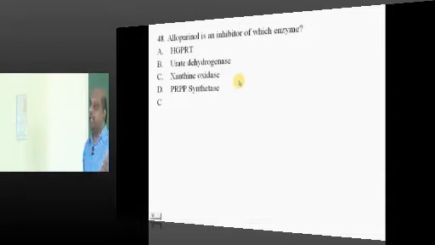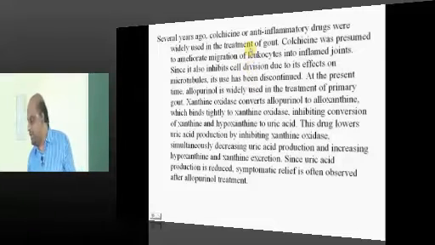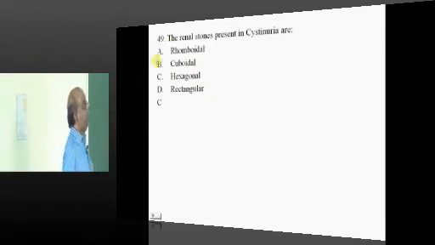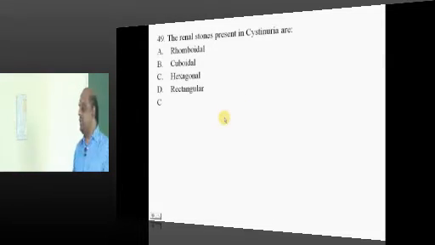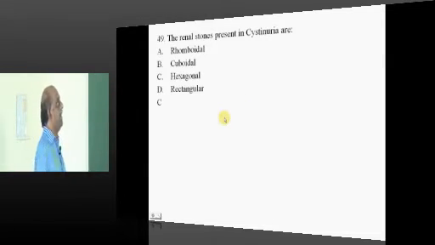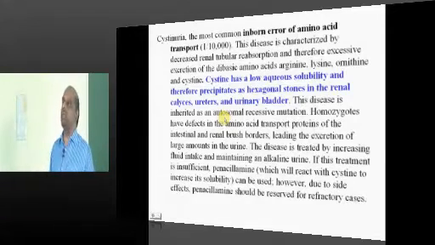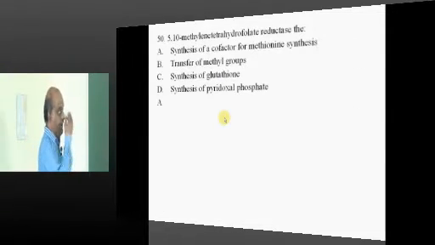Allopurinol is the inhibitor of xanthine oxidase, as all of you know very well. Now in cystinuria, how are the renal stones? Typically they are hexagonal stones, which are very typical of cystinuria.